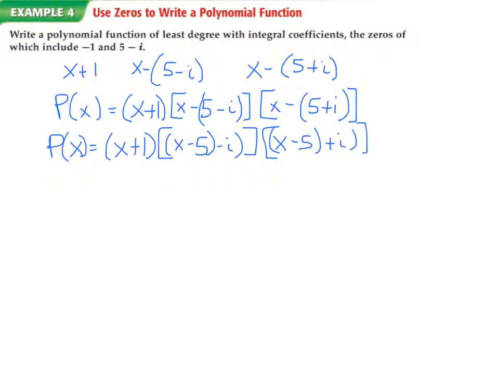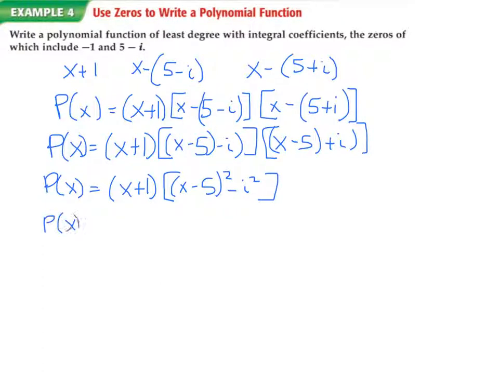And the reason that we went ahead and did that, we wanted to be able to group the x minus 5's together. So if we group the x minus 5's together, we can now rewrite this as x plus 1, x minus 5 squared minus i squared.